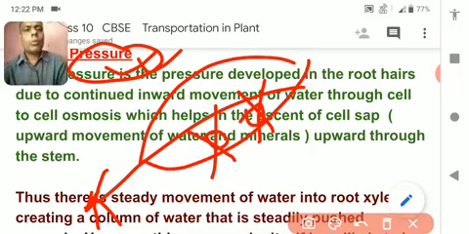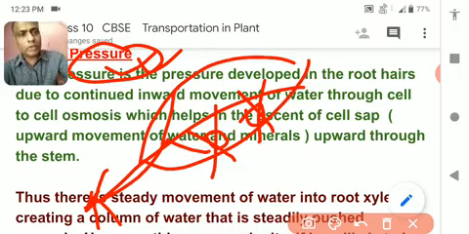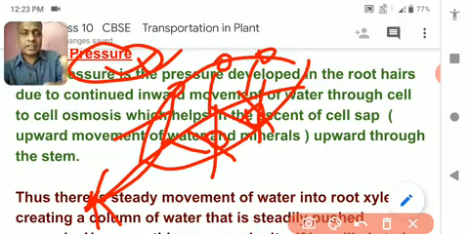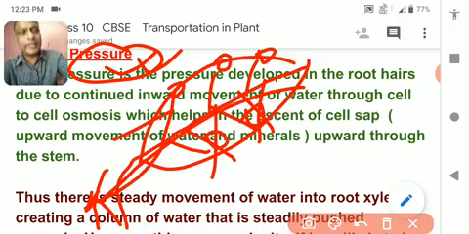Then what does it do? The water automatically moves from the corners of the veins. These are the veins. From the corners of the veins, as the continued root pressure is there, the water keeps being absorbed the whole night, and this water automatically goes to the leaves.